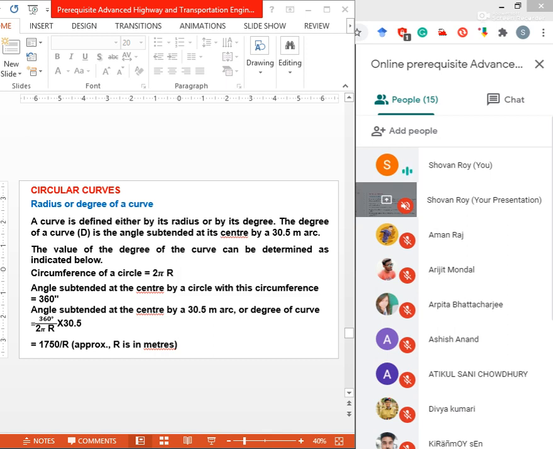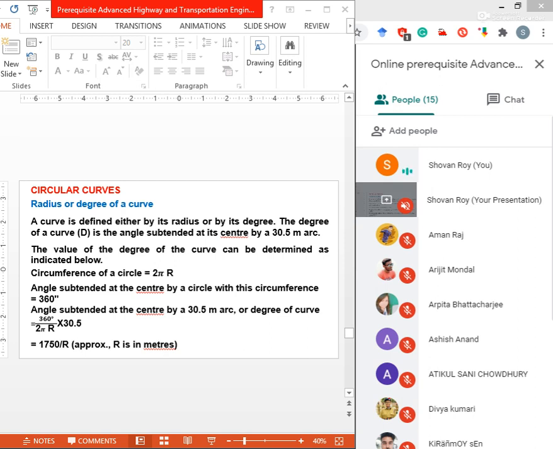Normally a curve is defined either by its radius or by its degree. These two things are important to define a curve in highway engineering also, and in railway engineering obviously we define the curves by these two values, radius and degree of curve.